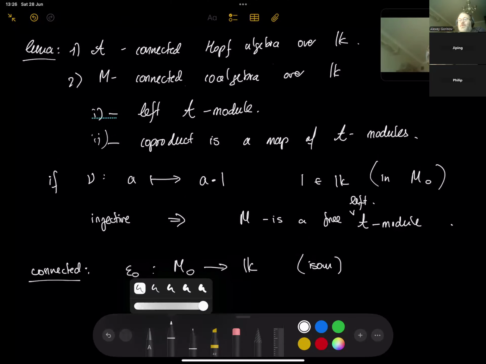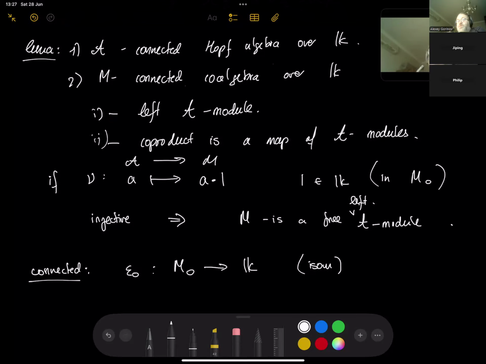So v is a map from A to M, from A to F. On the right we have the action of A on F. And 1 inside K is the same as 1 in M0, because we assume it's the same as K.